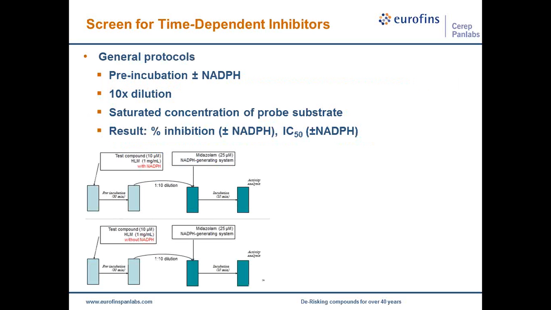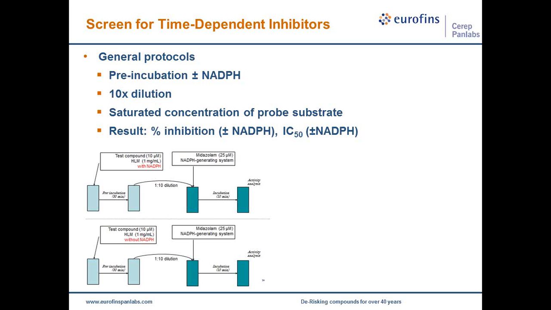A common protocol for studying irreversible inhibition is pre-incubating the inhibitor, or the test compound, with the enzyme in the presence and absence of NADPH. With NADPH, the enzyme tries to metabolize the test compound, resulting in time-dependent inhibition if the compound is a time-dependent inhibitor.